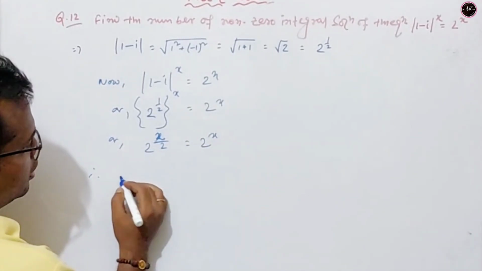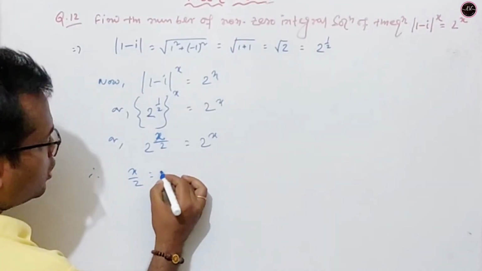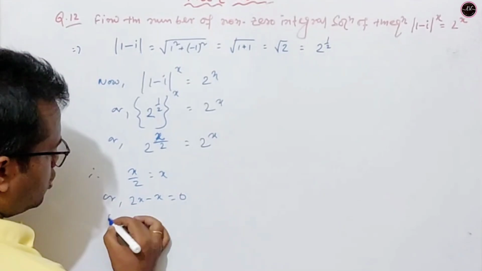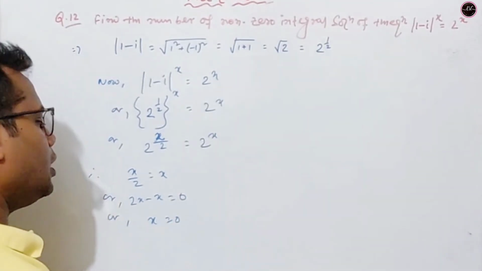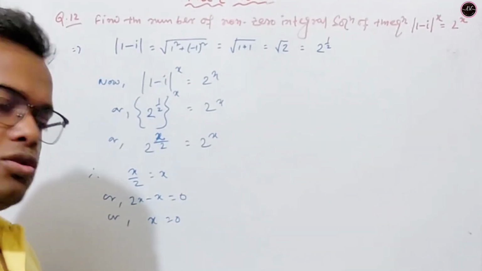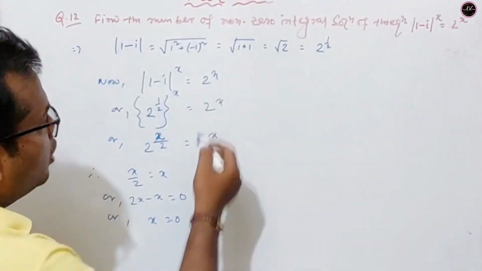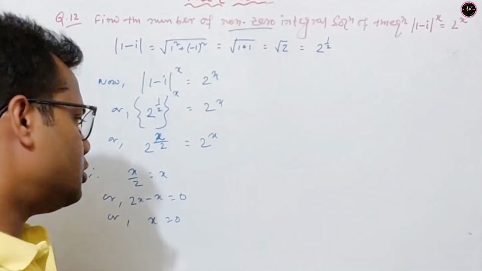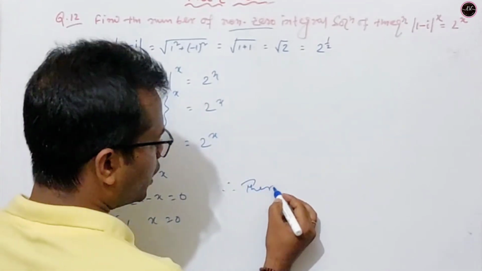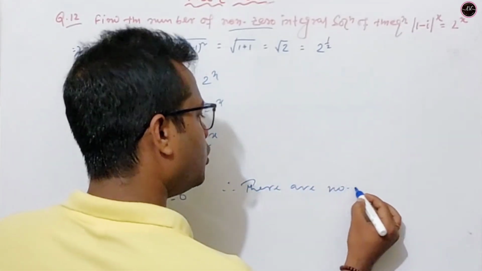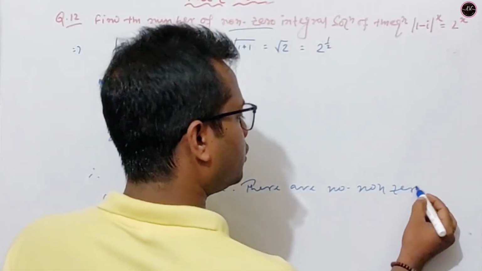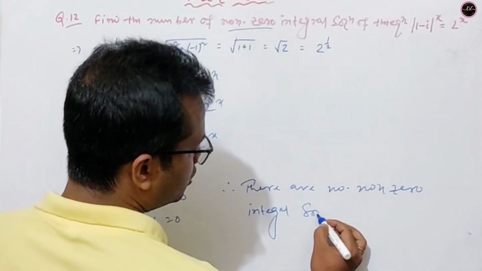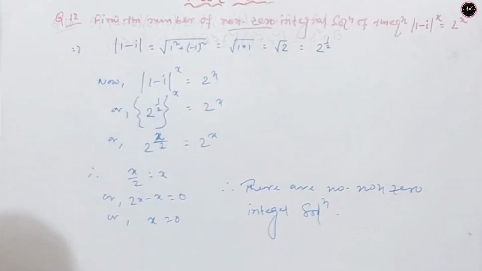Therefore we get x by 2 equal to x, or 2x minus x equal to 0, or x equal to 0. Here 0 is the integer, so there is no non-zero integral solution. Okay, therefore there are no non-zero integral solutions.